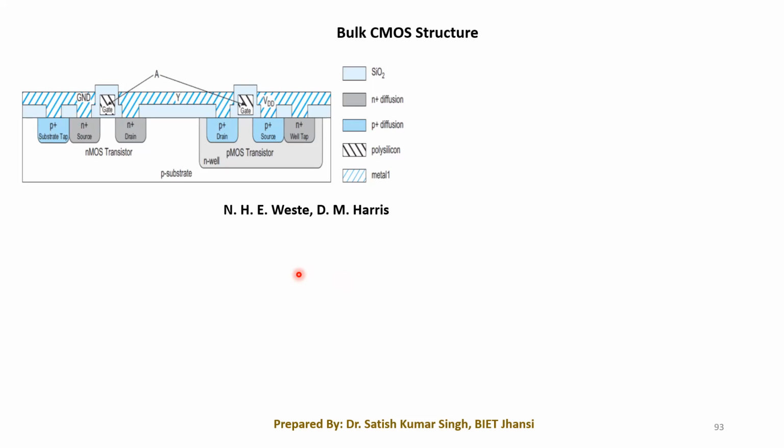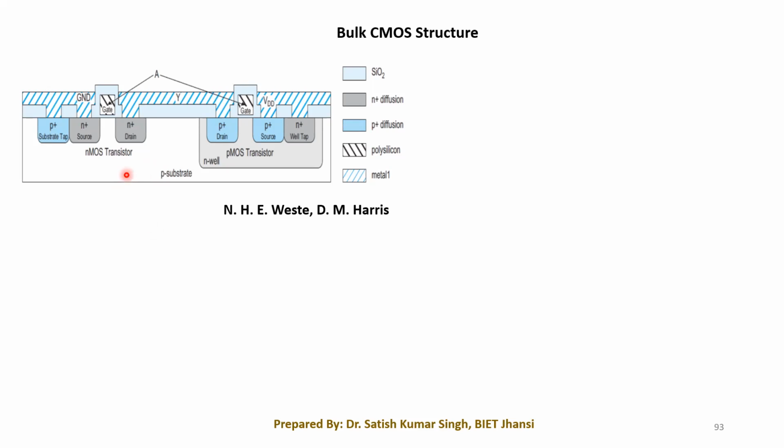Whatever steps I have discussed for NMOS fabrication, the same steps are to be followed for fabrication of the CMOS also. The one basic difference we have to keep in mind is that while making the NMOS transistor, if you recall, we had taken the substrate to be of P type.